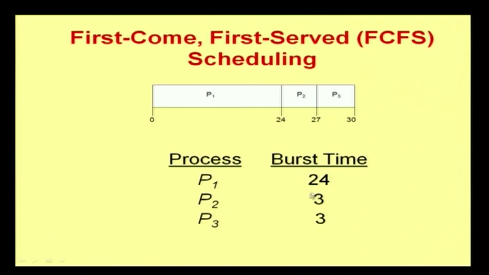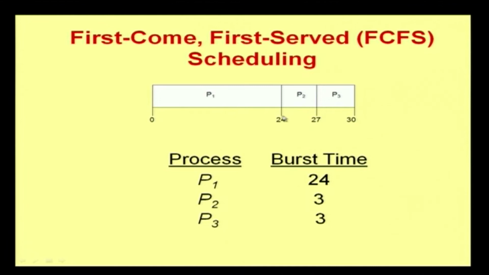Now, how has it been assigned? P1 comes first, P2 comes second, P3 comes third. Here there is no waiting time for P1. It enters immediately and takes 24 milliseconds to complete. So 24 has been written over here. P2 takes 3 milliseconds to complete.